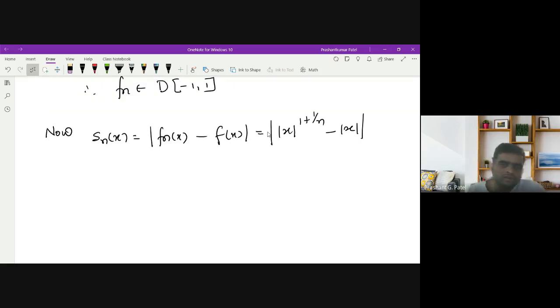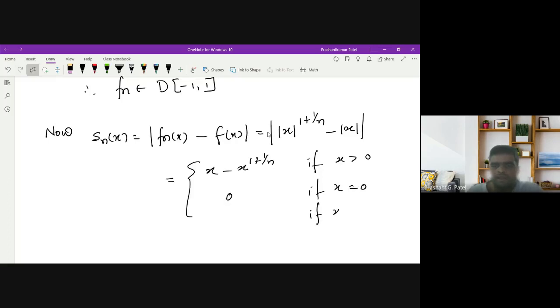Now what is this function? If x is positive, then this function is x to the power 1 plus 1 by n minus x. If x is 0, then this is the 0 function.